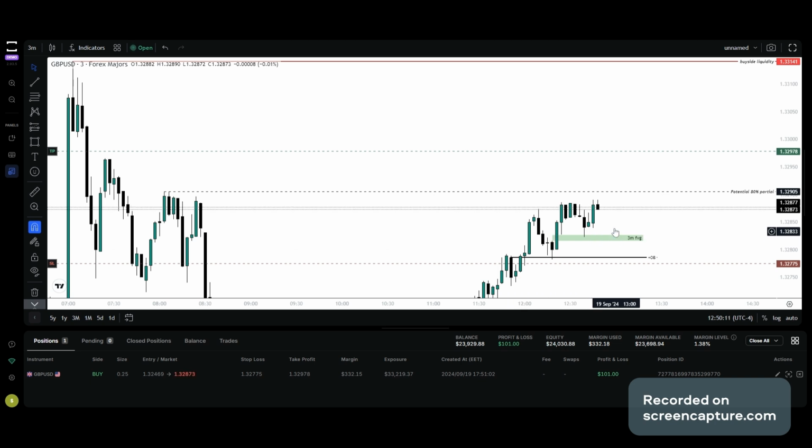Let's see if we get an immediate imbalance rebalance, where price comes down to the high of this candle, and then just boom, shoots up higher.